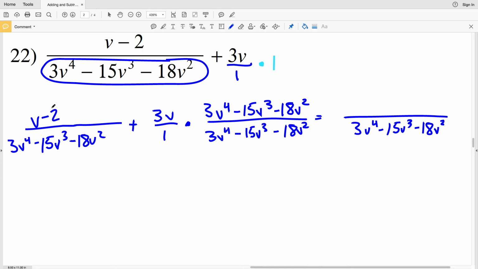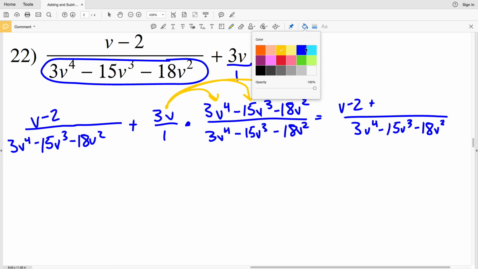And in my numerator, I'll have v minus 2, and I'll be adding that to 3v times 3v to the fourth, 3v times 15v cubed, and 3v times 18v squared.